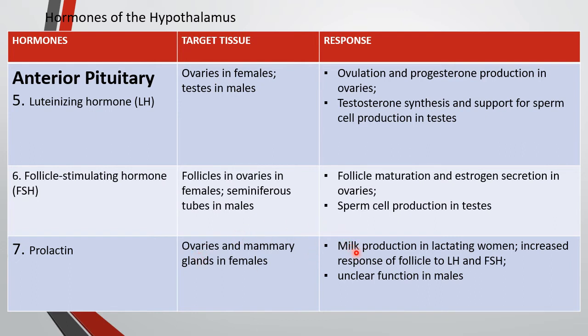If your oxytocin is for the milk expulsion or milk letdown, sa production itself it is your prolactin. Okay? So the prolactin would have an increased response of follicle, so parang it will make your follicle sensitive to the hormones LH and FSH. Okay?